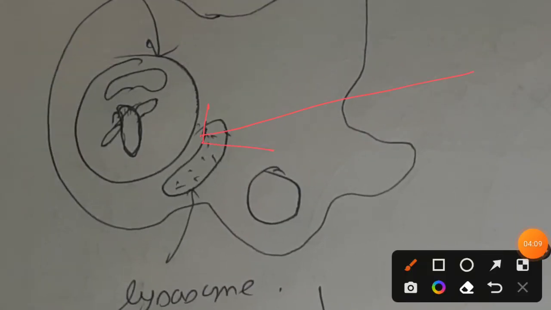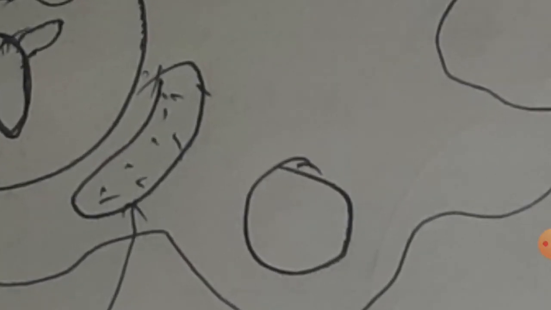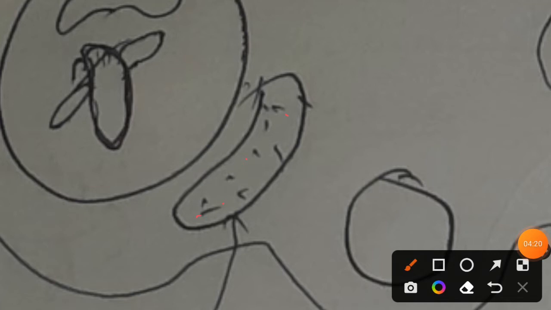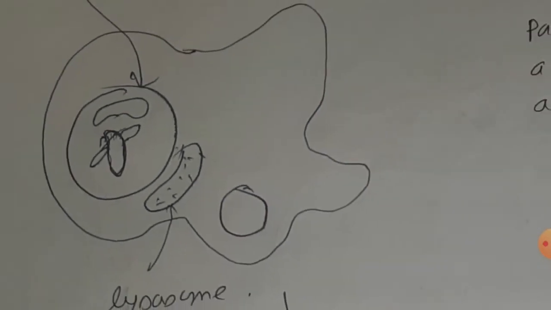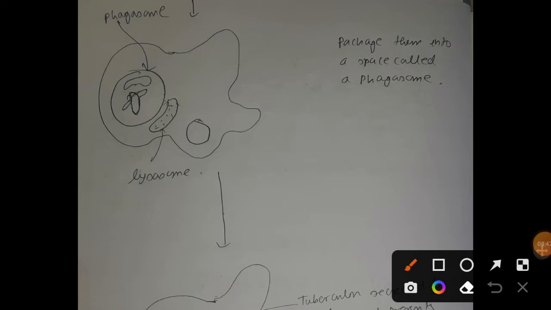Remember this dotted part inside the lysosome, as you can see; it is nothing but hydrolytic enzyme. Remember it very carefully: this hydrolytic enzyme has the ability to destroy foreign particles. Clear? So after phagosome-lysosome fusion, in the case of most other foreign particles or cells, the foreign particles will be destroyed by those hydrolytic enzymes, as I have told you.